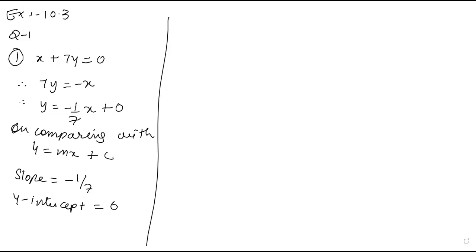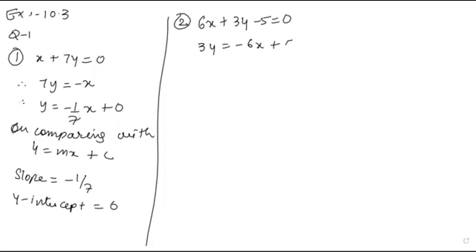Likewise, if I move on to the second question, then it is 6x plus 3y minus 5 is equal to 0. This is the given equation. So 3y is equal to minus 6x plus 5. And if I divide this by 3, then y is minus 2x plus 5 by 3.